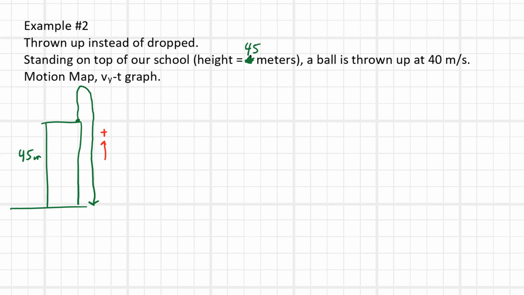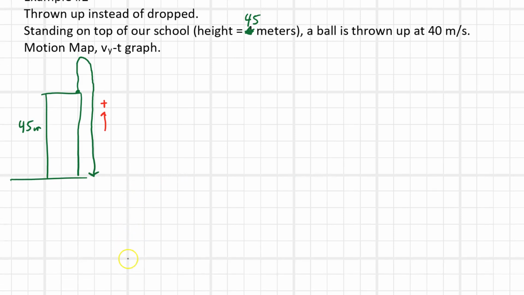Okay, so what would our motion map look like? We would have a dot here, and it's going upwards very quickly. I might have a little trouble here, so I'll draw a new building over here. So here's my building, and for my motion map, it goes upwards.